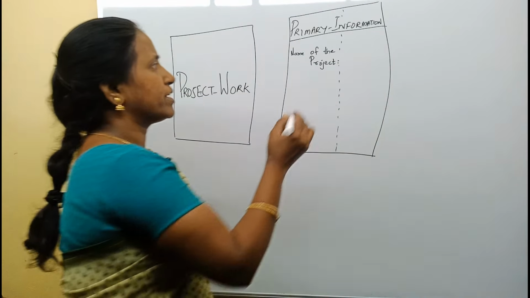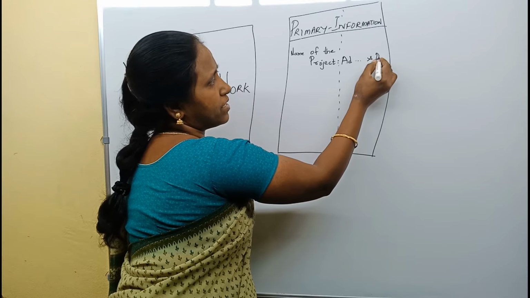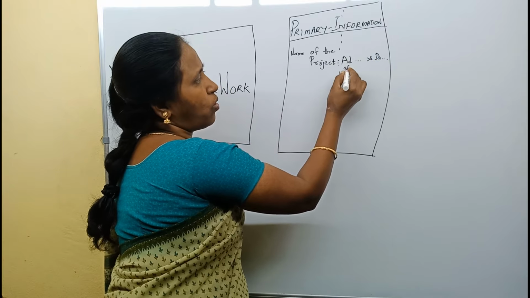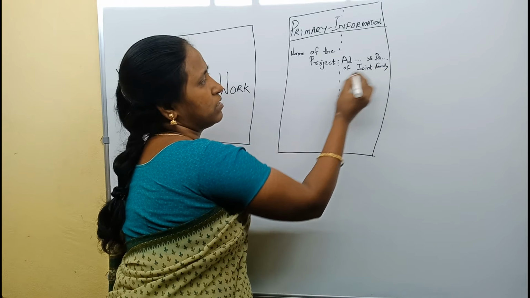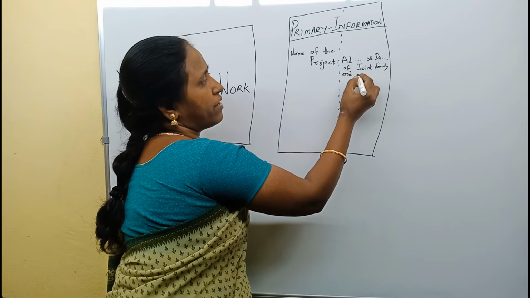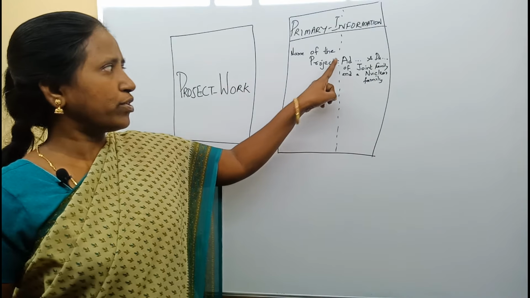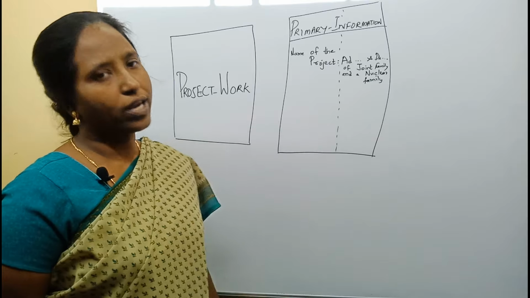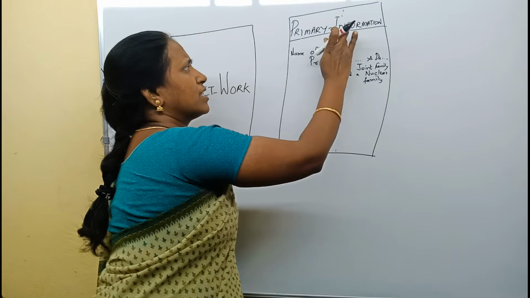In the name of the project, you write the advantages and disadvantages of joint family and nuclear family. Remember, do not put dot dot dash, only put the colon. If these dotted lines are confusing for you, I am erasing them.